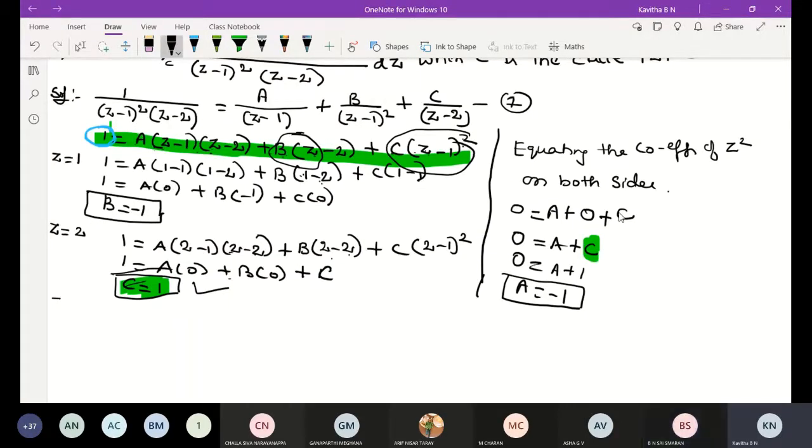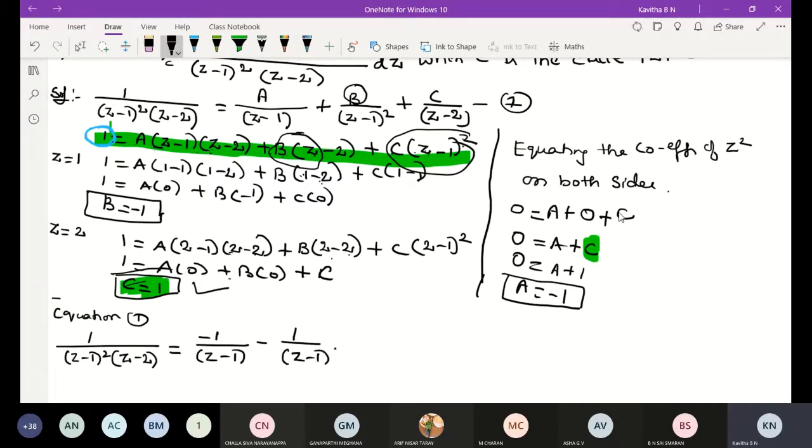Then take down equation 1. Observe here. Equation 1: 1 by (z minus 1) whole square into (z minus 2) is equal to A, with the value here, minus 1 by (z minus 1), plus B, with the value here, minus 1, substitute here minus 1 by (z minus 1) whole square.